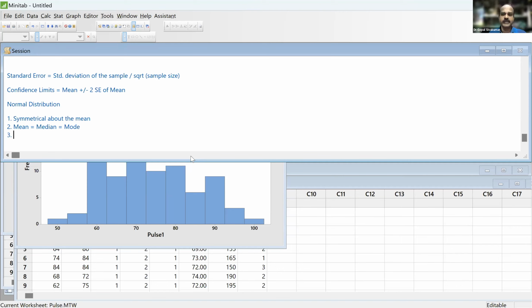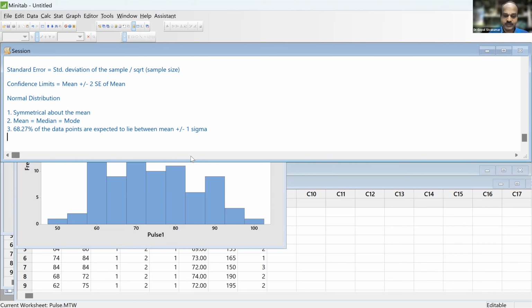So mean equal to median equal to mode, and then 68.27% of the data points are expected to lie between mean plus or minus 1 sigma. What is sigma? Standard deviation of the data.